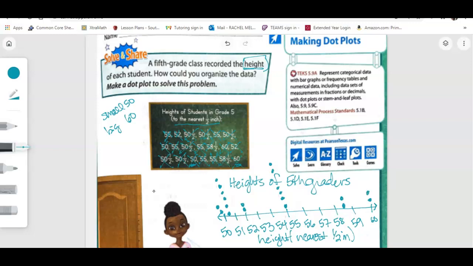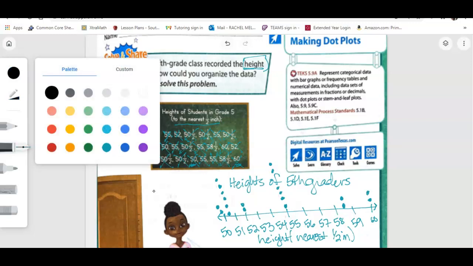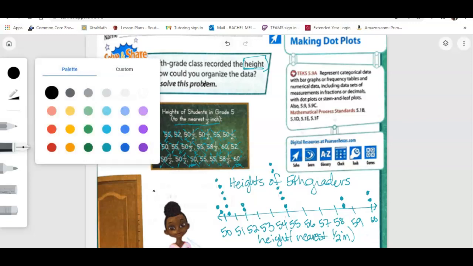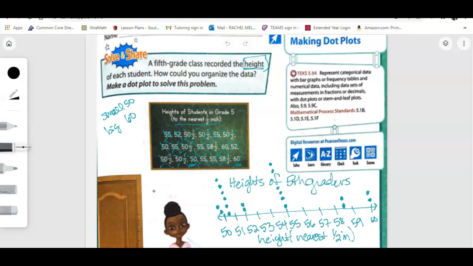Okay, now one thing you want to do when you have a lot of dots like this is go through and make sure you have them all. So the best way to do that is to count. I see that there's 1, 2, 3, up to 20.